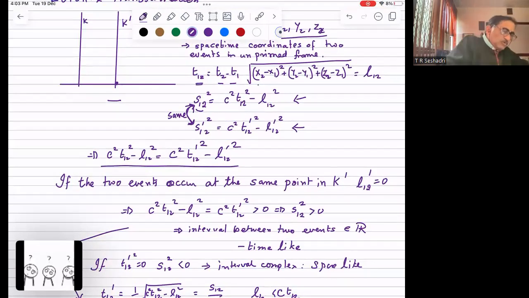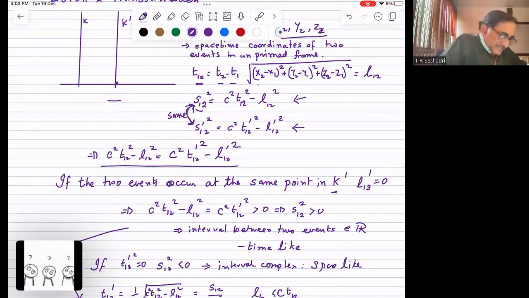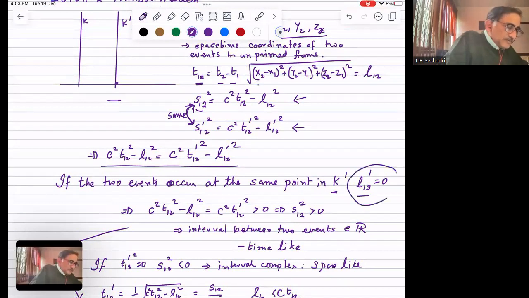Now, if the two events occur at the same point in the K prime frame, then L12 prime is 0 because they are happening at the same point. So X1 equals X2, Y1 equals Y2, Z1 equals Z2, and hence this is 0.